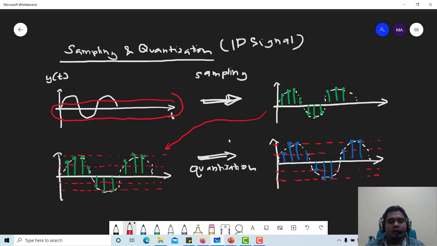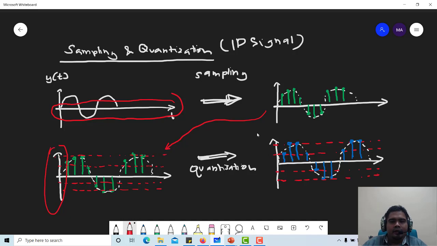Quantization is the process of converting the continuous values of your vertical part, which is this one, into discrete values.